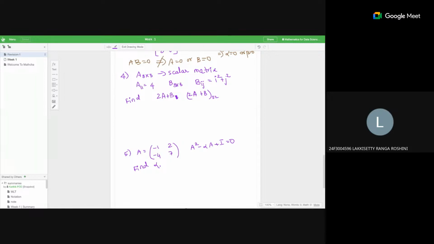Hey guys, did anyone get the value of A? Yes, 10, 5, 15, 13, 26. Sorry, how did you get that? Just square it, then add I with it, then you will get some scalar.